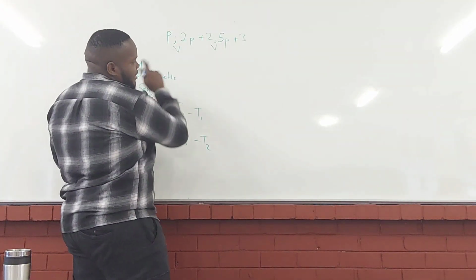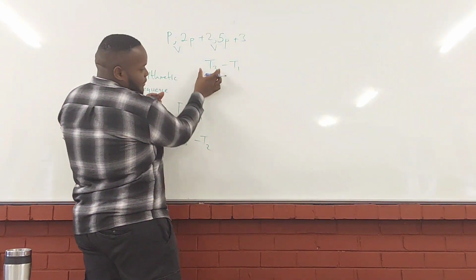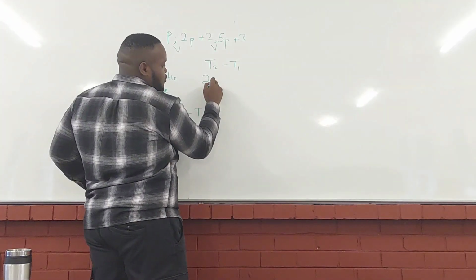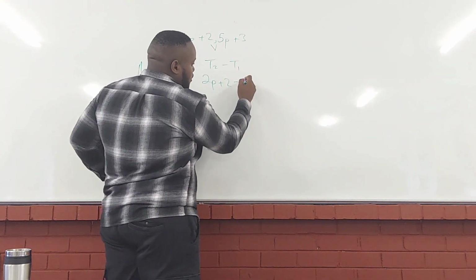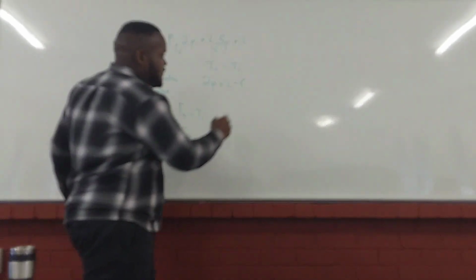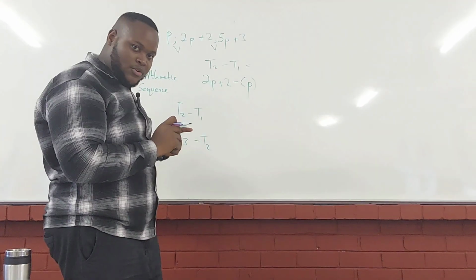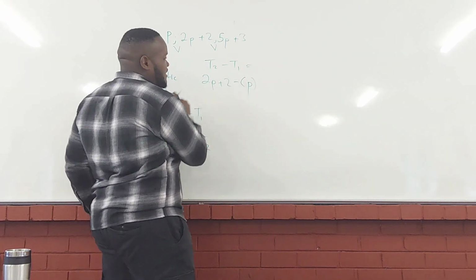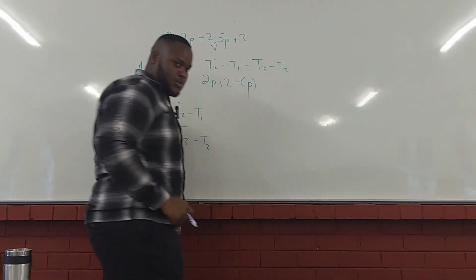So what is T2 minus T1? It's term number 2 minus term number 1. Term number 2 is written as 2p plus 2 minus, what is the first term? The first term is p. But what I know is that in an arithmetic sequence the difference is the same throughout. This will be the same as T3 minus T2, right?